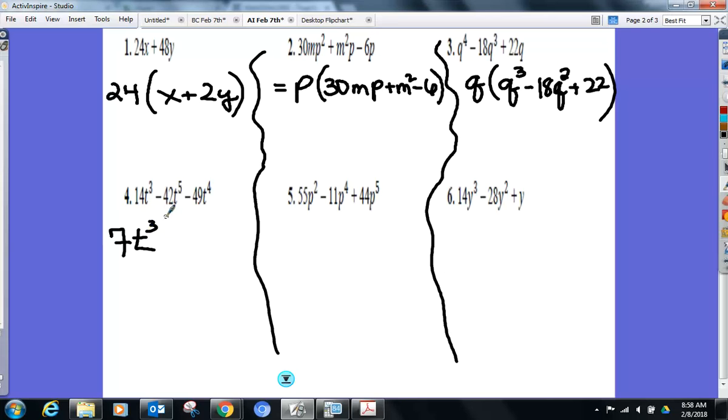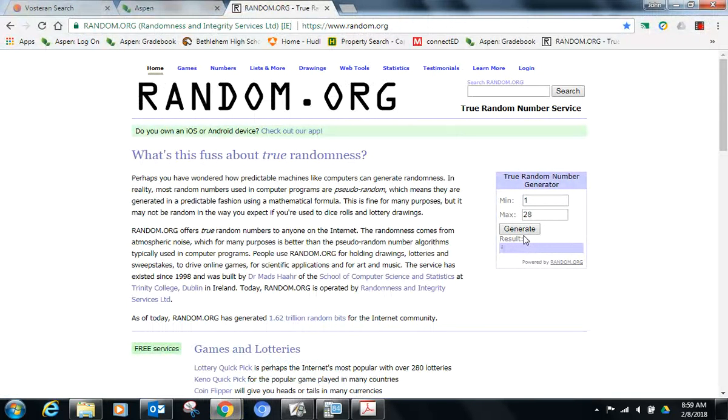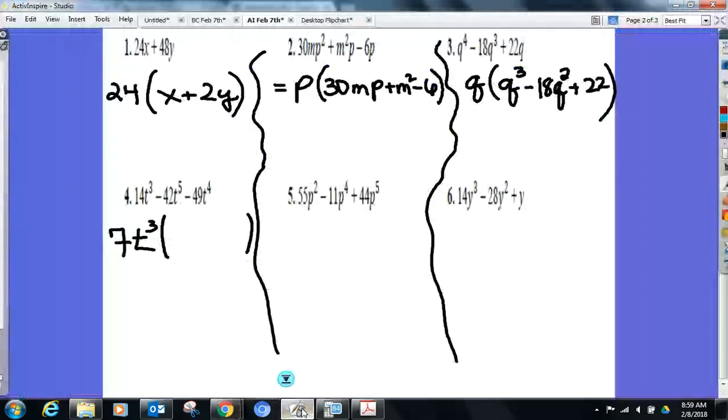What's left now? Well, hold on. I took a 7 out, though. So I have to divide it, right? So 2, just 2, because I already took the t to the third out. Minus, and then minus 7t. Nice job.